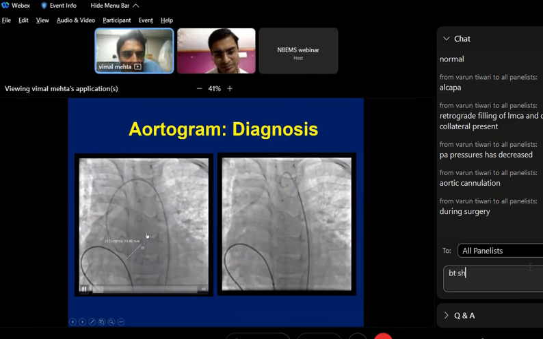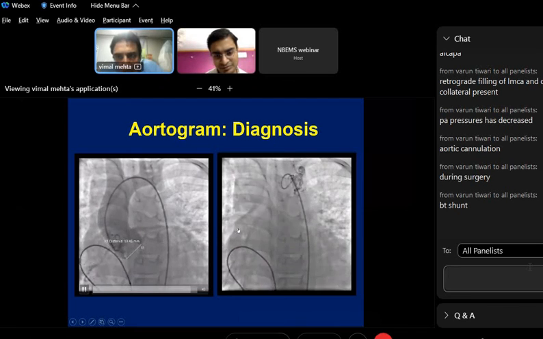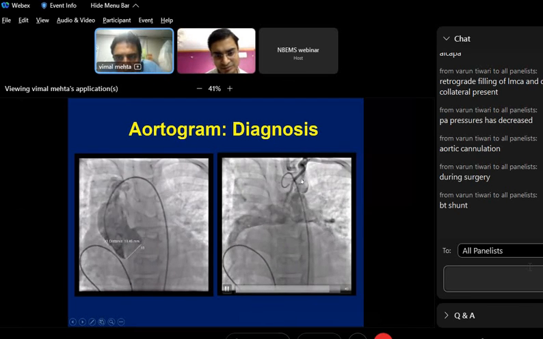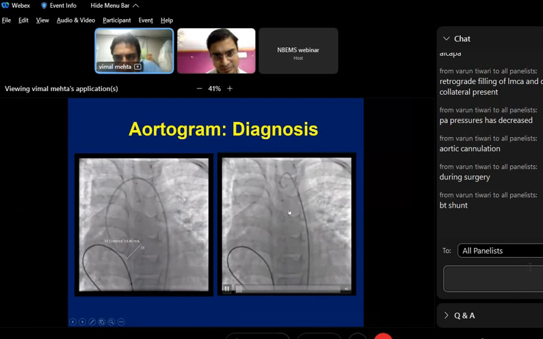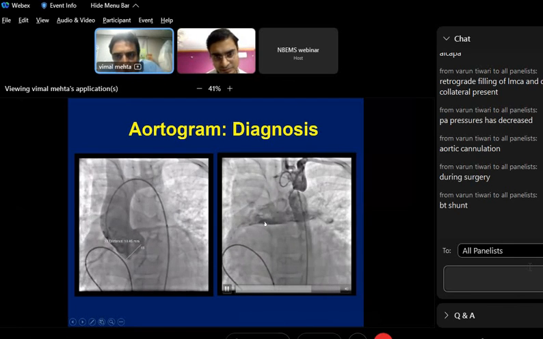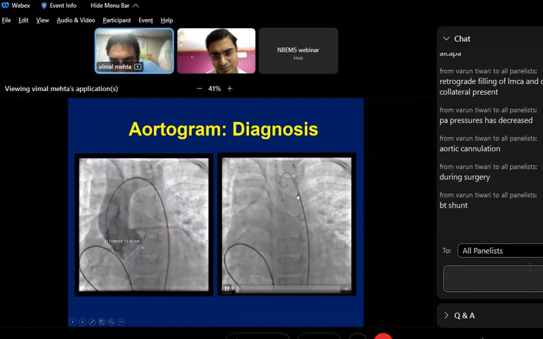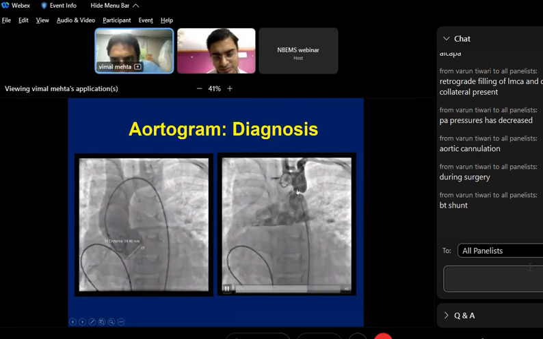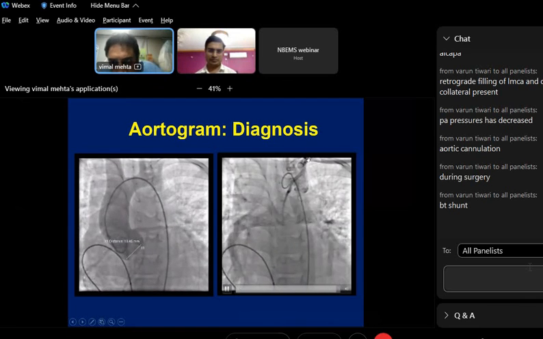So here, if you see the aortogram, you see coronary arteries, and here with this same catheter pulled back, you see the pulmonary artery is also filling. And beside that, you see that there is some sort of narrowing beyond this subclavian artery.